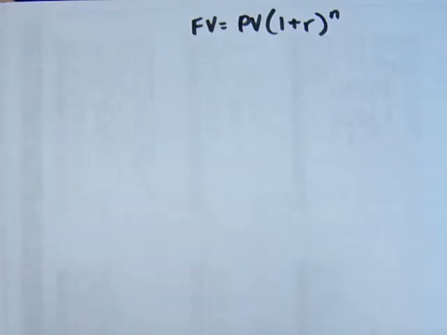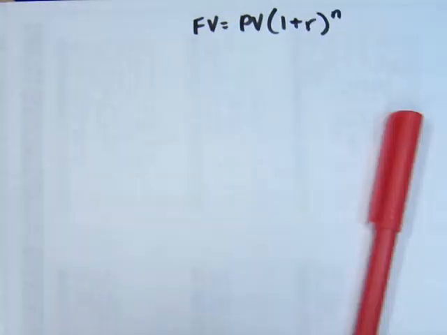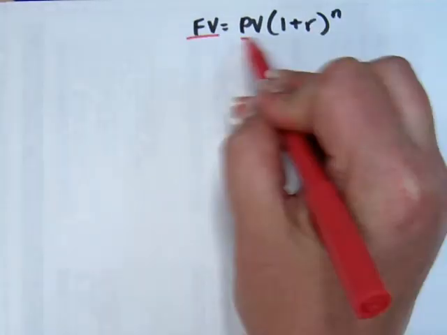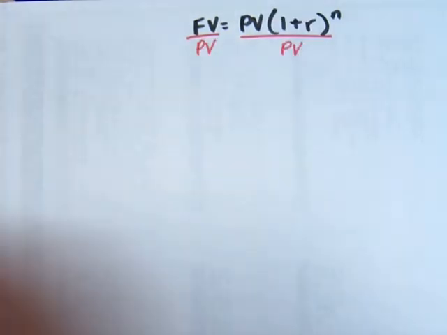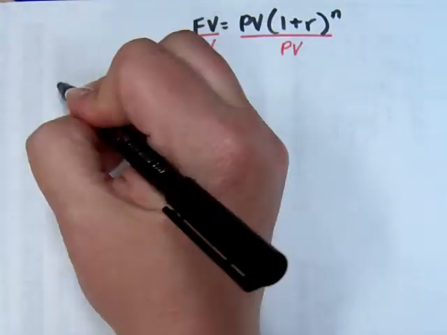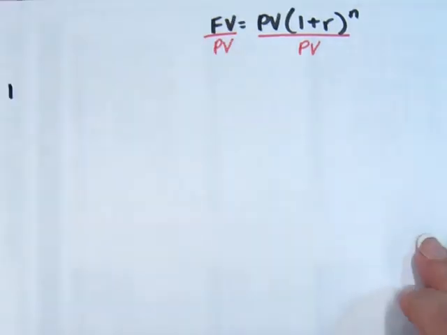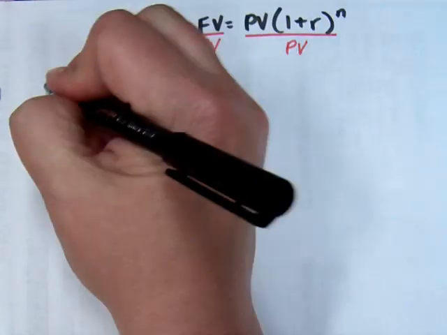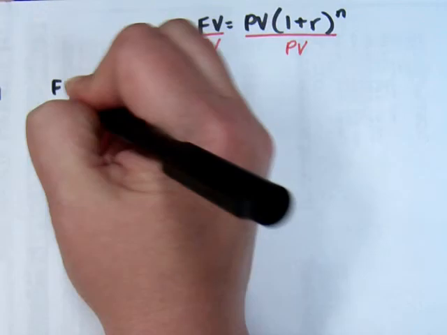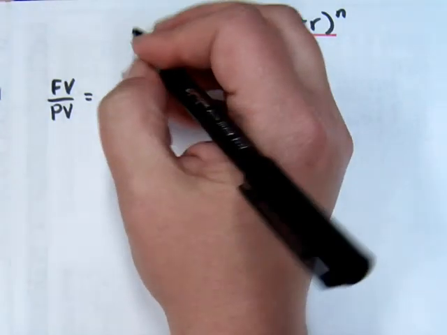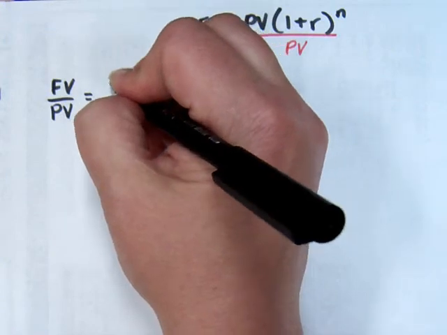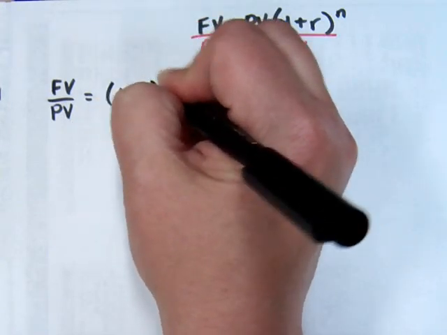So, just like before, the first thing we're going to do is divide both sides by the present value. And that's going to leave us with FV divided by PV equal to 1 plus R raised to the nth.